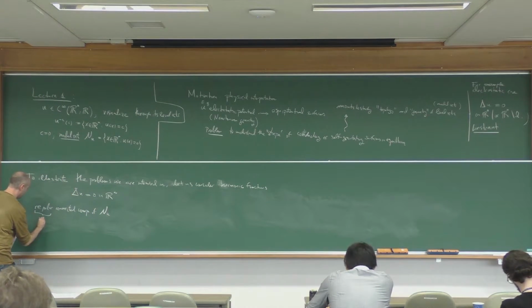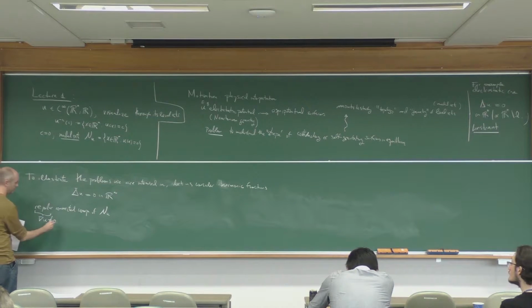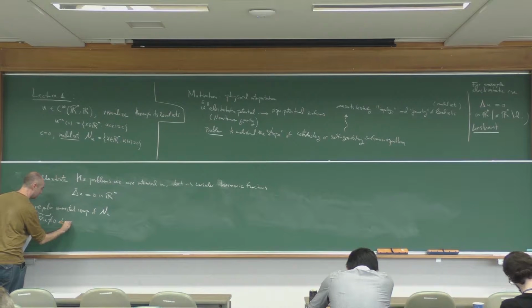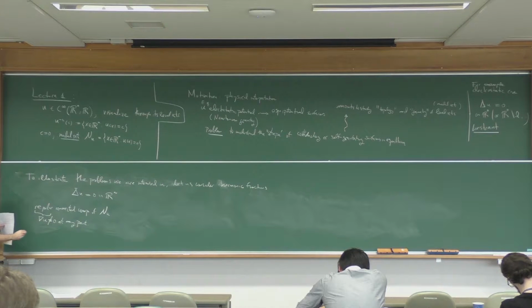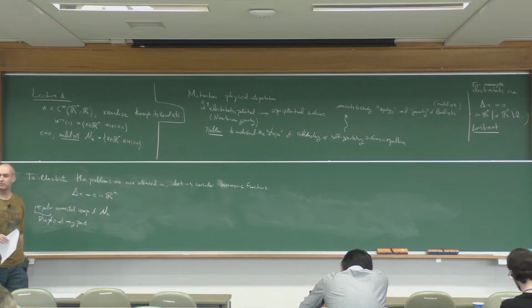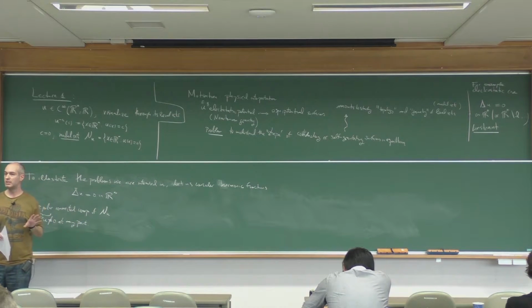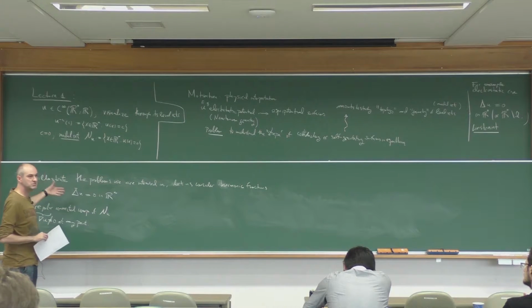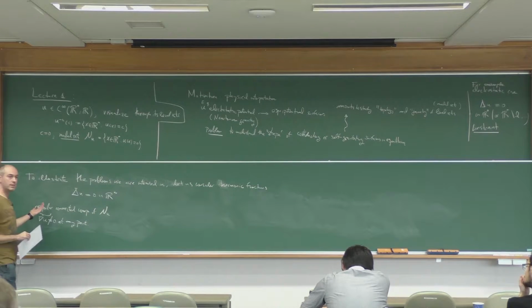So regular means that the gradient of u is different from 0 at any point. The nodal set may be disconnected. It may have many components. Let's focus just on one of these possibly infinitely many components, the components on which the gradient doesn't vanish.